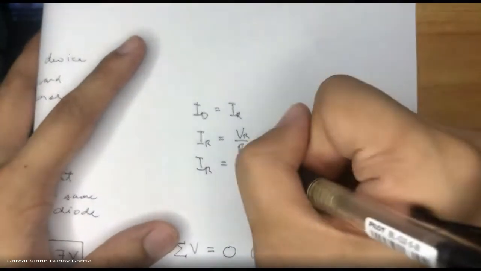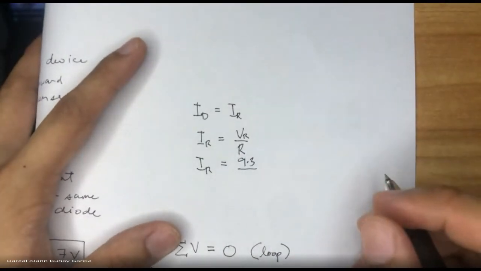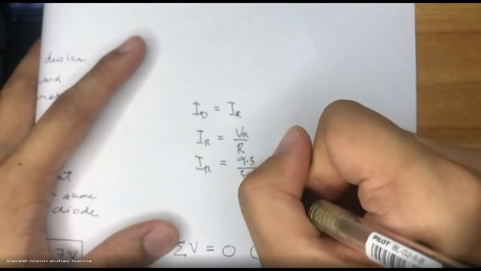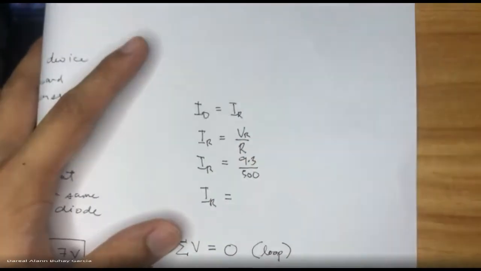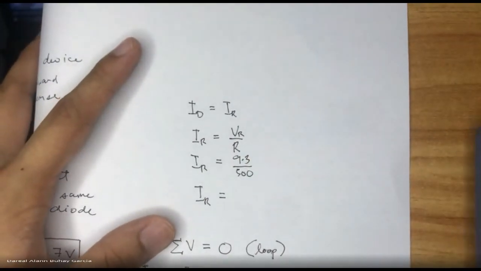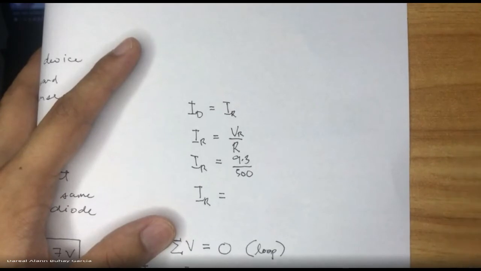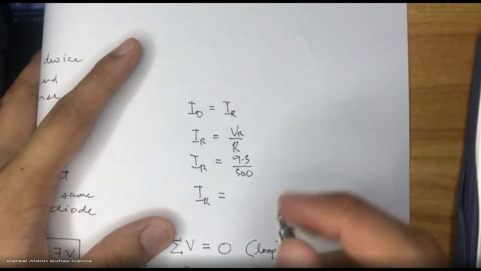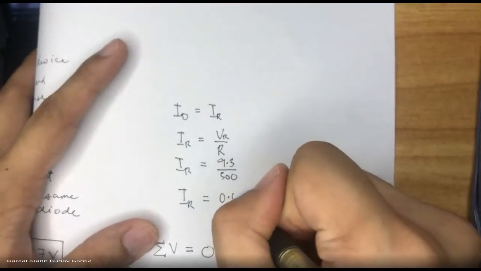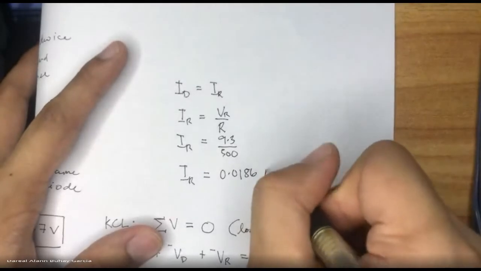So, VR is 9.3, resistance is 500. So the resistor current is equal to 0.0186 amperes.